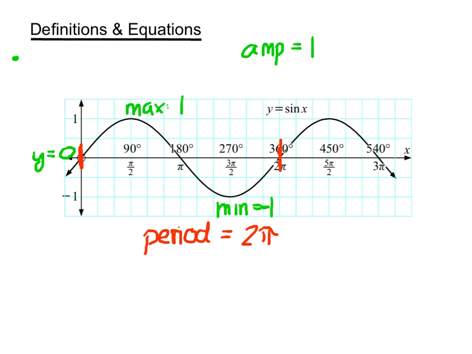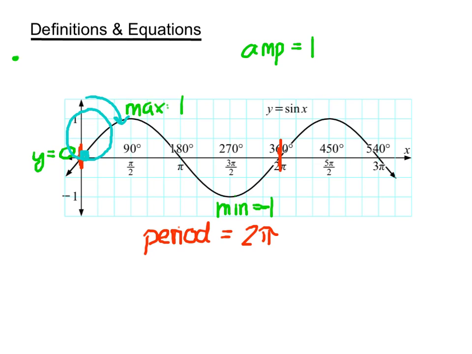Imagine taking the unit circle here, and we could sort of roll it out. If we picked a point right here and we rolled the unit circle along the x-axis, it would sort of create this sine function here.